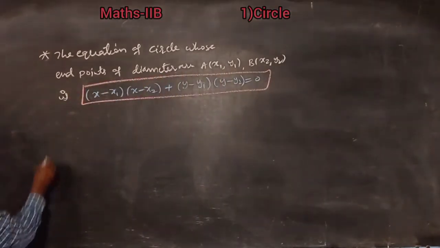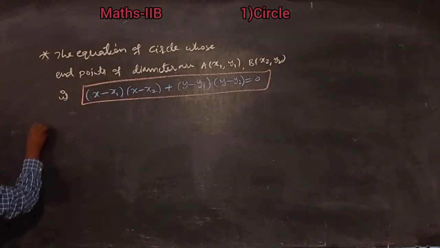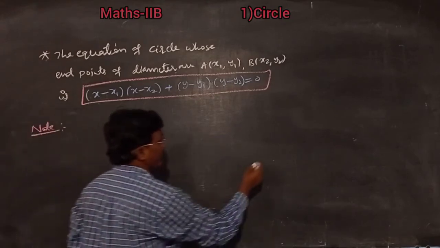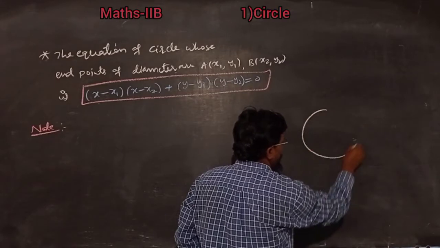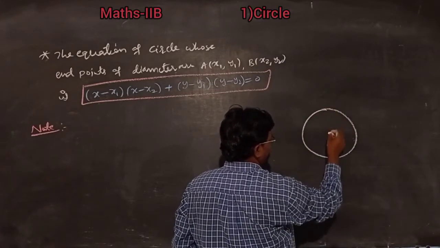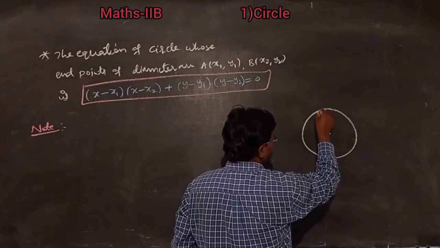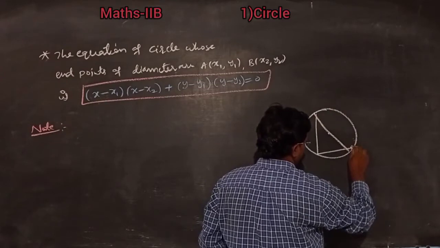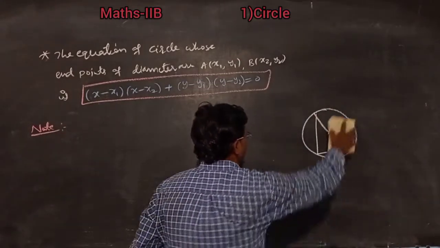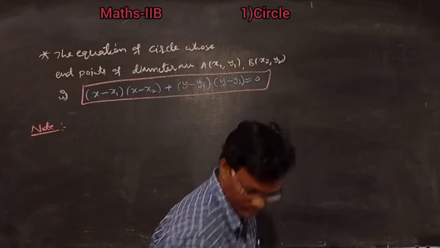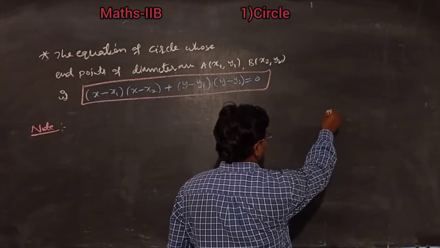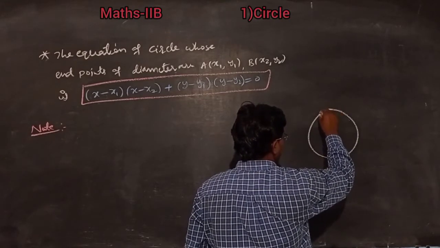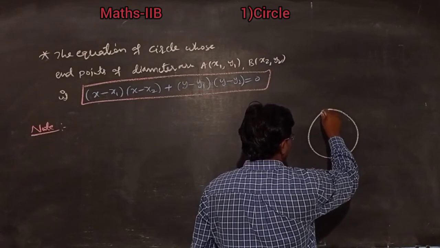Next, a note. Now observe the diagram. This is the circle, this is the center, and this is the radius.